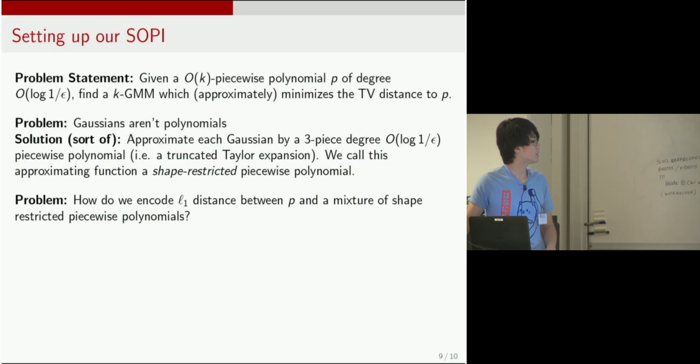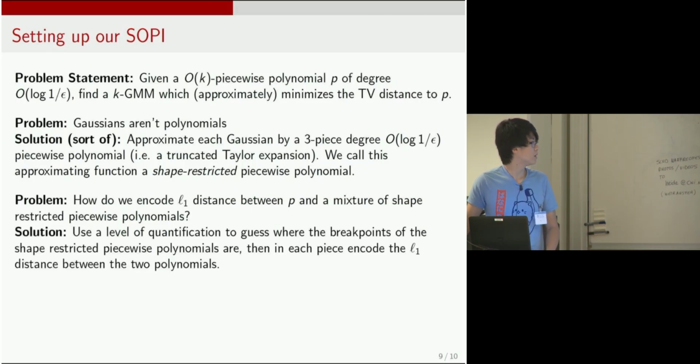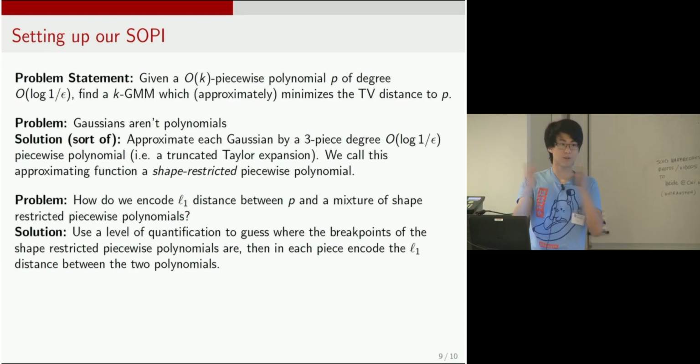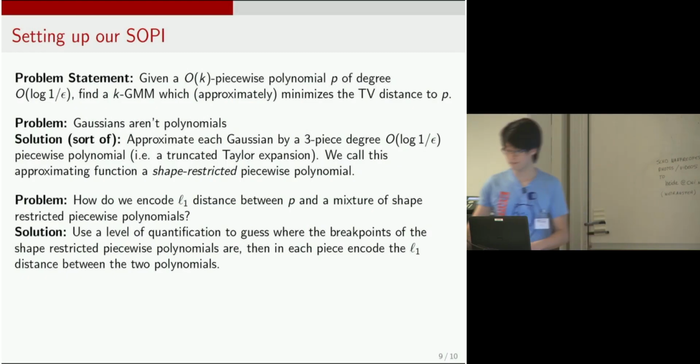So how do we encode L1 distance between P and a mixture of these shape-restricted polynomials? Well, if we know where the breakpoints of all the piecewise polynomials are, then the difference in each piece is just the L1 distance between 2 polynomials. So we can use a one-level quantification to guess where the breakpoints are.